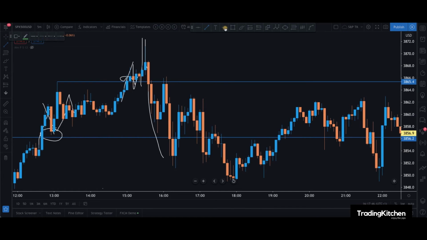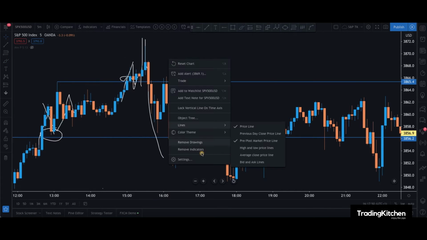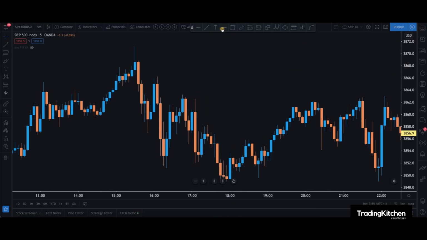For example, let me remove the drawings. If you now know that a downtrend occurred in the market, as you could know, because this could be a structure, this is a pin bar.